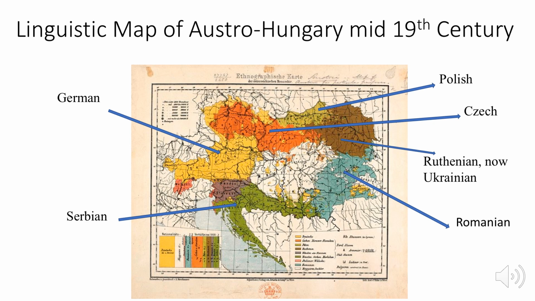It was a polyglot nation which not only had lots of native speakers in different languages, but very partisan views about their independent status.